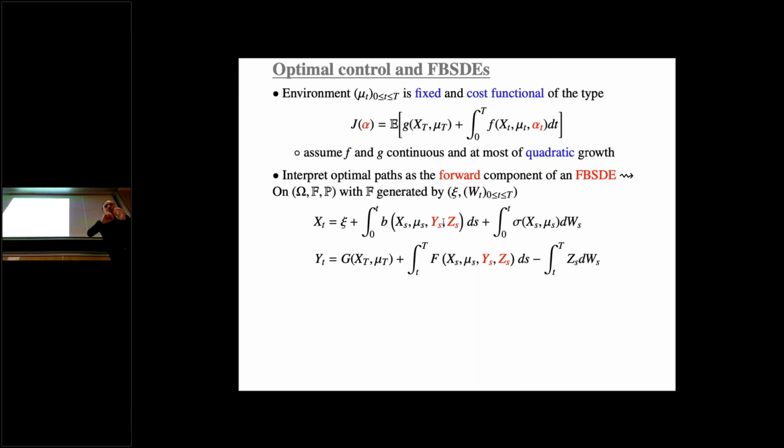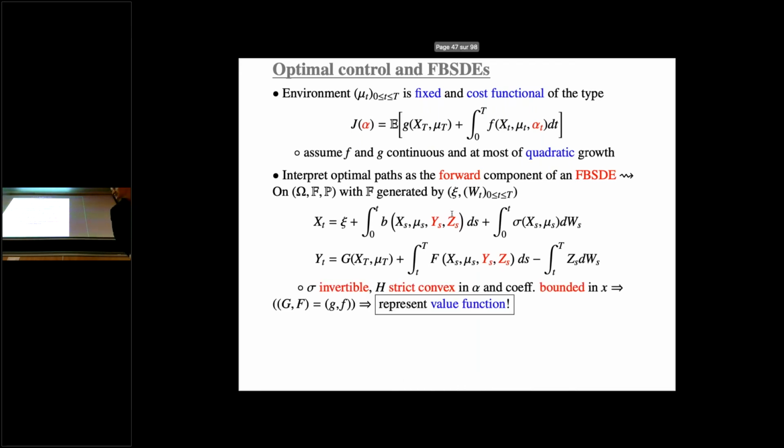You follow the optimal action, which is exactly what you do in the Pontryagin principle. And then you will use y instead of z in B. So this is what I'm going to say next. Now, if you choose G is equal to F here, basically you are going to represent the value function.